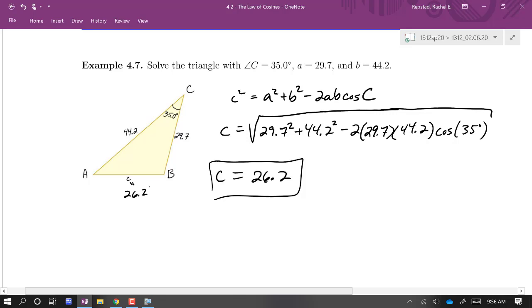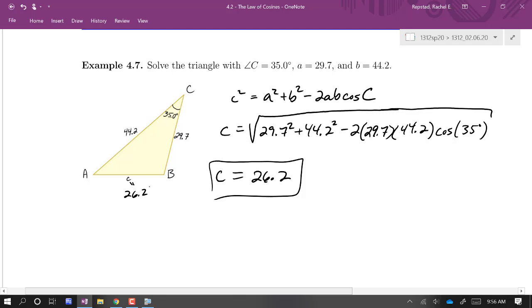So if I want to use law of sines, I'm going to pick angle A, because I know that has to be acute. A triangle can only have one obtuse angle, and it would have to be opposite the longest side. If I want to find angle B first, I can, but I really should use arc cosine, I should use law of cosines.